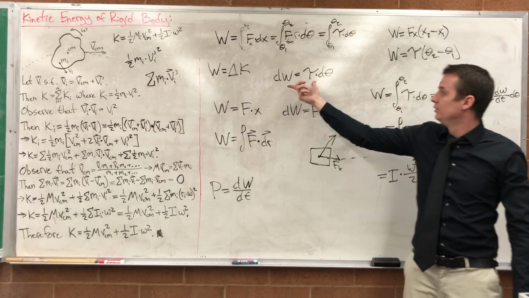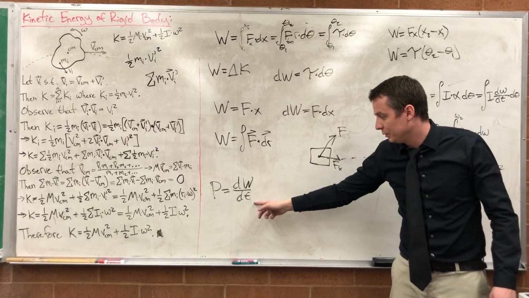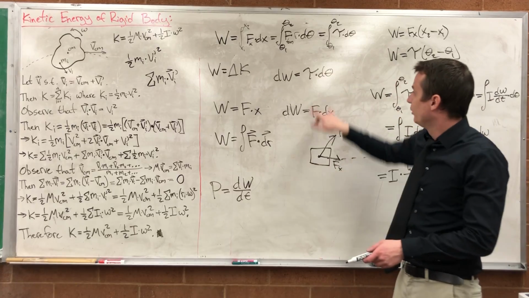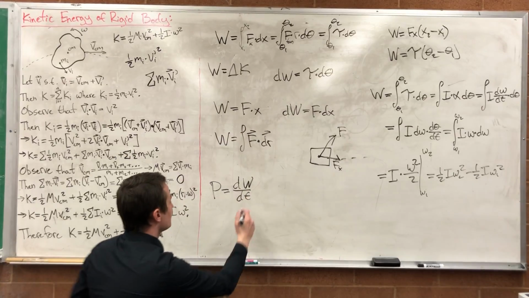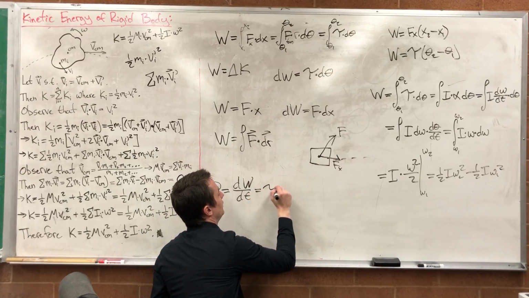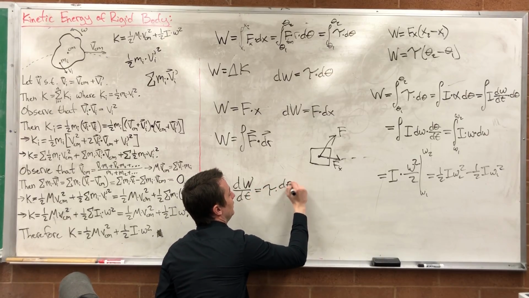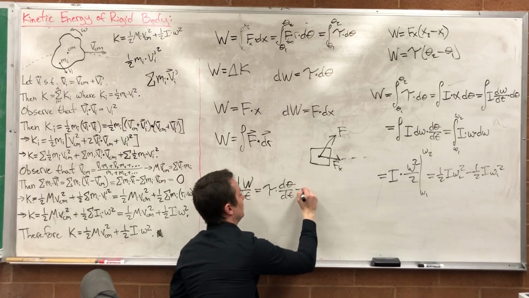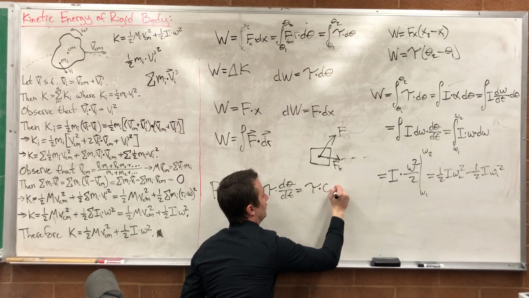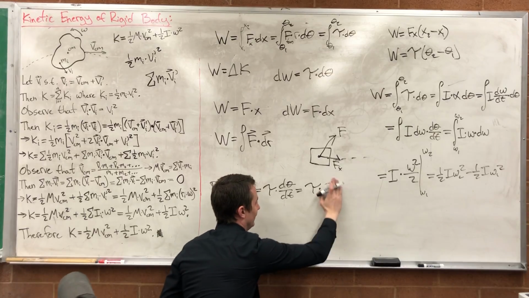So here's dW, and now I want dW/dt, so I just put a dt in the denominator of that. And so we get tau times d theta/dt, which is equal to tau times omega.